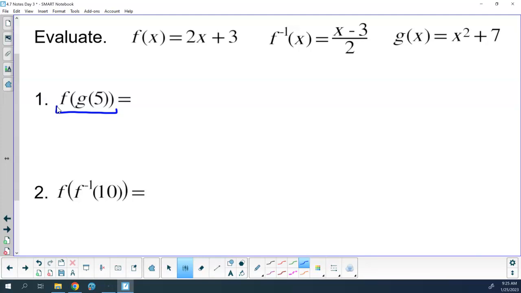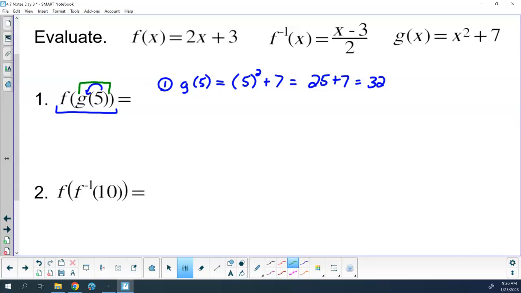So I'm going to start with the 5, and I'm going to plug the 5 into g. I'm first going to find g of 5 by plugging 5 into my g function. So that would be 5 squared plus 7. 5 squared is 25, plus 7 is 32. Then I'm going to take that value, g of 5, which was 32, and plug it into f.